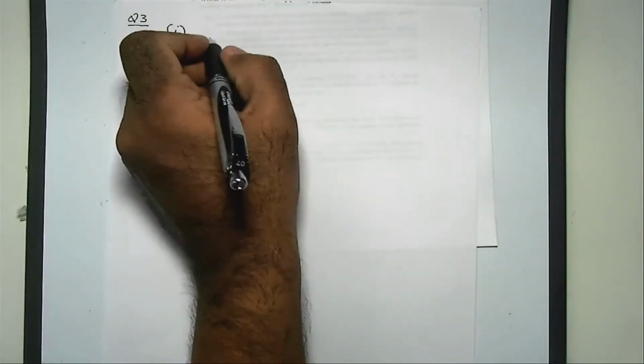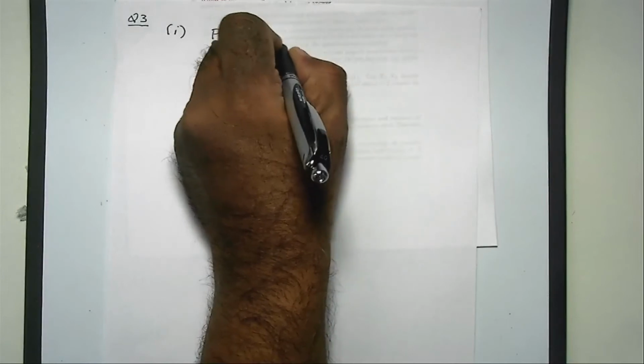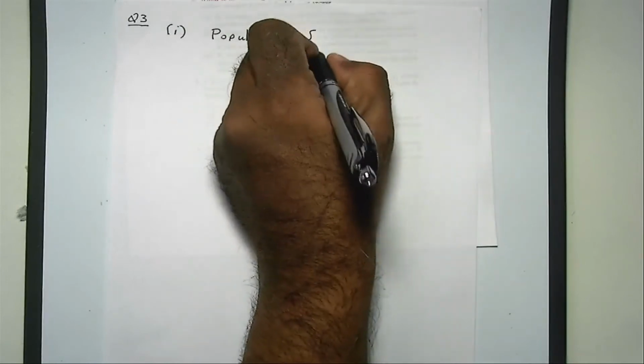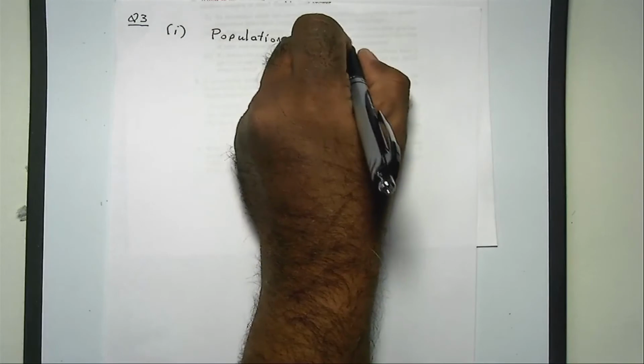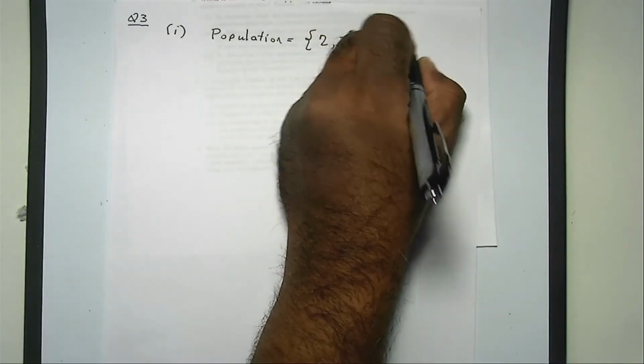So this is question 3. Okay, here we are. Question 3. You have a population. So the population is made up of these numbers 2, 3, 6, 8 and 11.